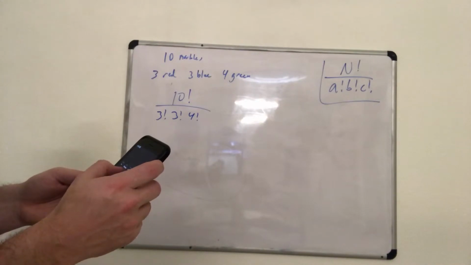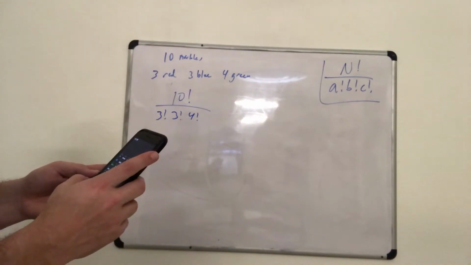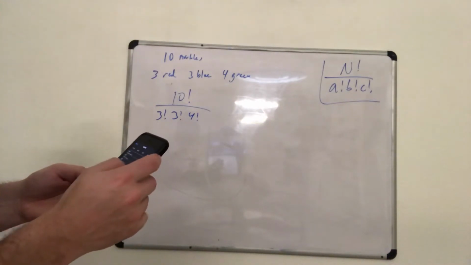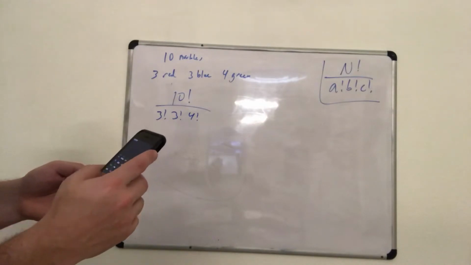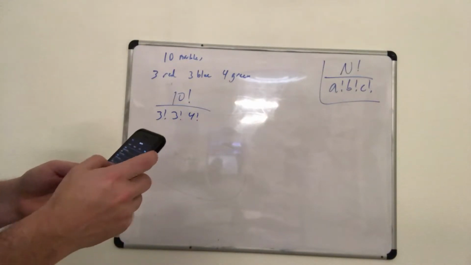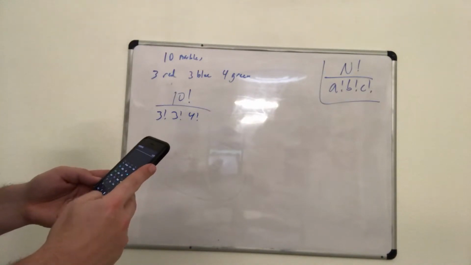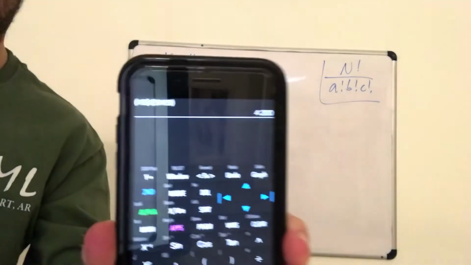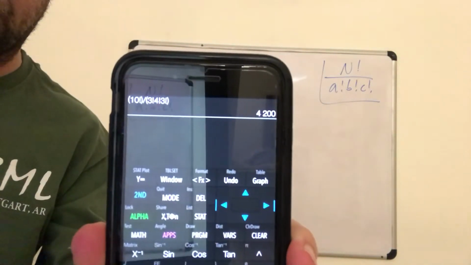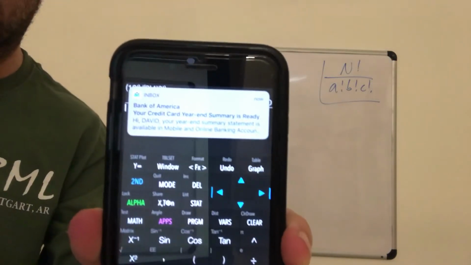Now let's do it all as one. We'll go 4, math, PRB, and then 3, math, PRB, now close parentheses, hit enter. So set up the equation like that and you get 4,200.